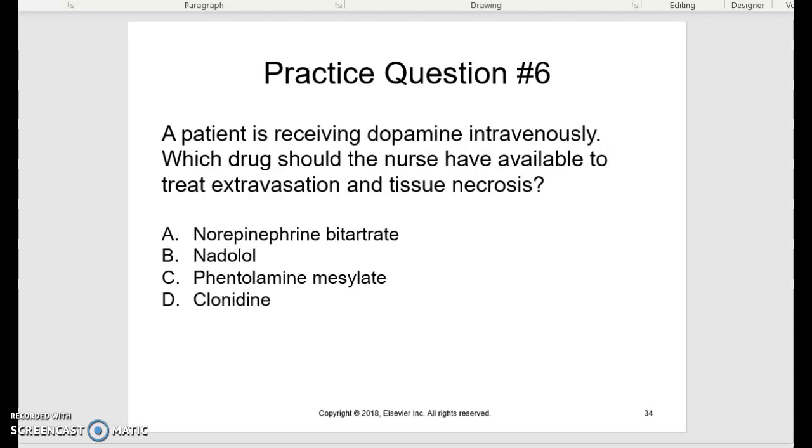Question 6. A patient is receiving dopamine IV. Which drug should the nurse have available to treat extravasation and tissue necrosis? So if you look before you try to guess this one on page, let me find it here. On page 205. So epinephrine is your prototype drug that we talked about in class in terms of adrenergic agonists.